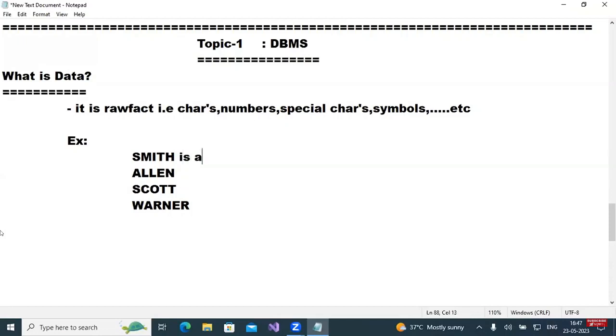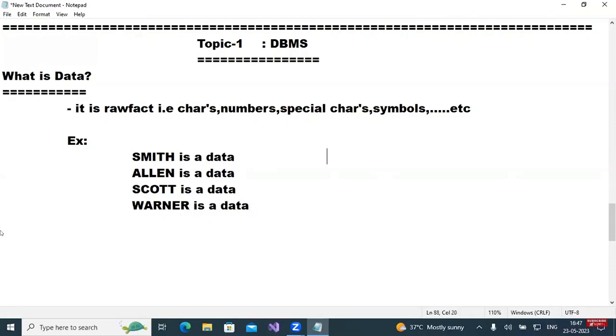Smith is a data. Smith is a word, and that word is called data. Like Allen is a data, Scott is a data, Warner is a data. Understand my point?